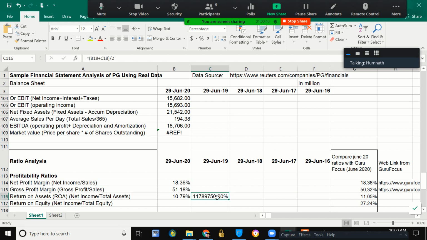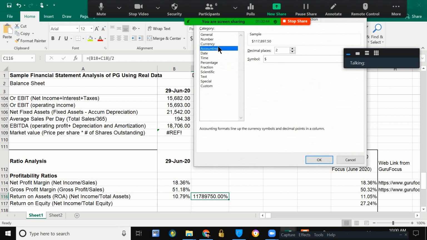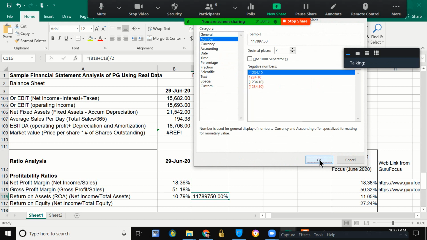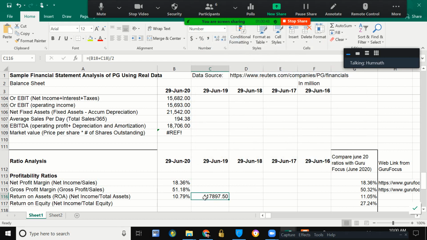Okay, so let me put this as a number. So that's the average. If you divide this one by this number, you should actually get the same as Focus Guru. Did you see why I got a little bit off number?